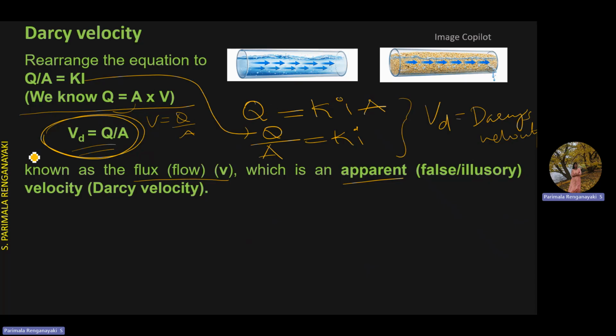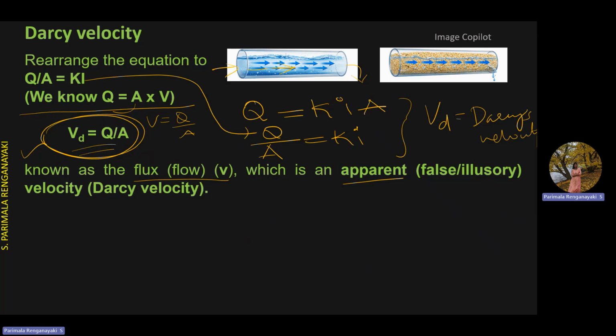This velocity is true if water is flowing just through a pipe with no sand particles. You just see this first pipe, the sand is not filled within this. We are allowing the water and water is coming out. In such a case, this velocity is true.